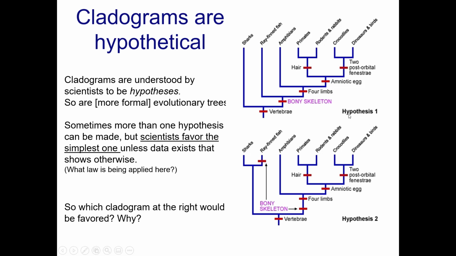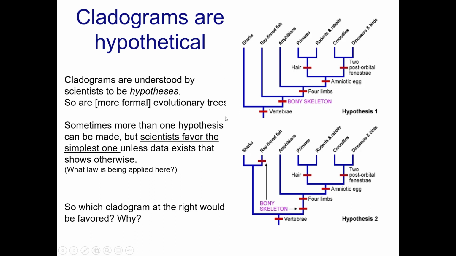So hypothesis 1 would be favored over hypothesis 2, meaning we would start with hypothesis 1, and then if we later acquired information, we might switch over to hypothesis 2, but our working hypothesis is going to be the simplest one, and we stick with that one until we have specific information that indicates that this could not be true.